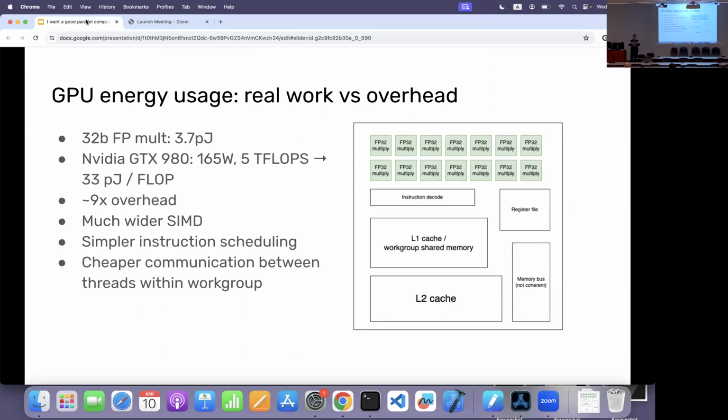It's basically 10 nanoseconds to go from one thread to another within a workgroup. And then to go across workgroups is much more expensive. And having that communication, coordination, and synchronization inside the workgroup allows you, because you've got so many workgroups evaluating in parallel, a lot of throughput without that going into main memory.